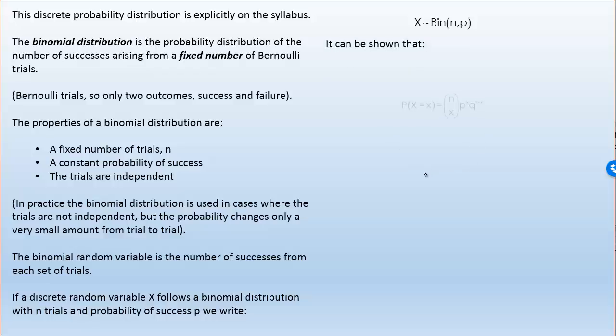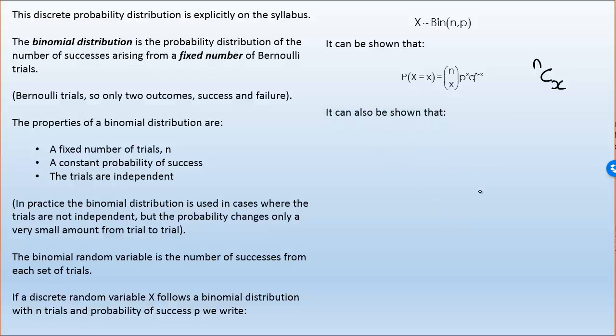It can be shown that the probability of x being x is nCx, and remember that that is a notation for nCx, multiplied by the probability of success to the power x, and if we have x successes, then we must have n minus x failures.